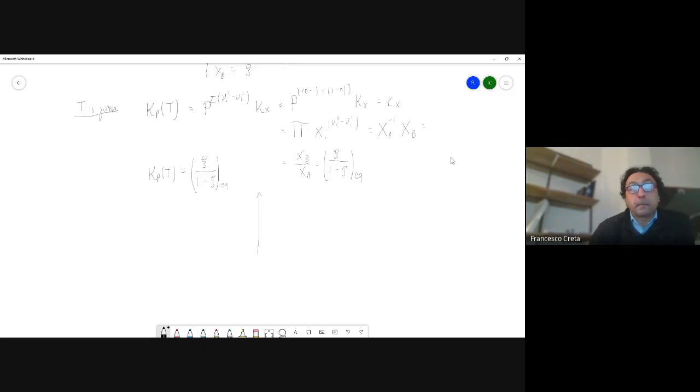Look. If this is psi, this is the function psi divided by 1 minus psi. Now, clearly, this has an asymptote at 1. So it's something like this.